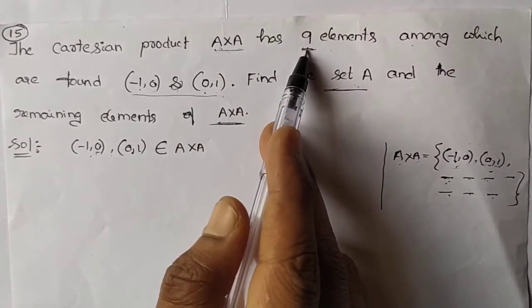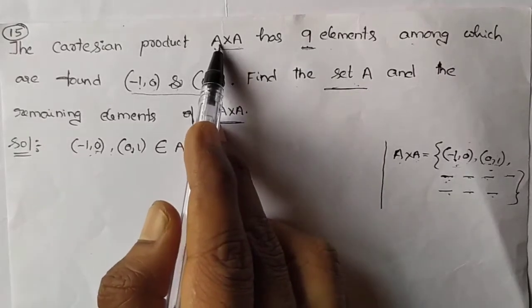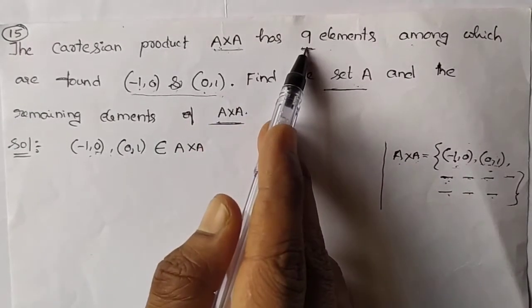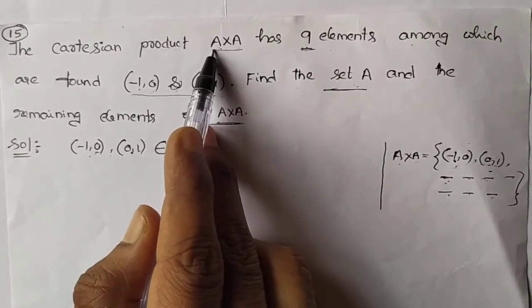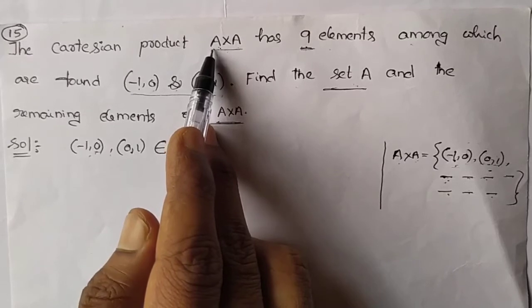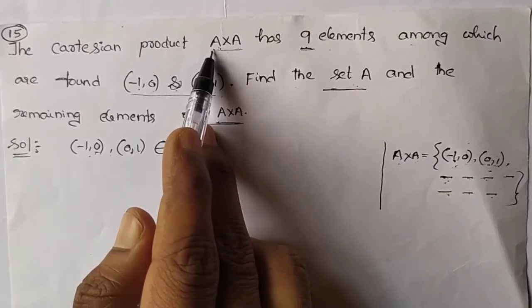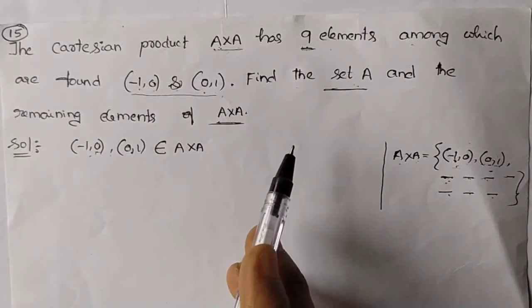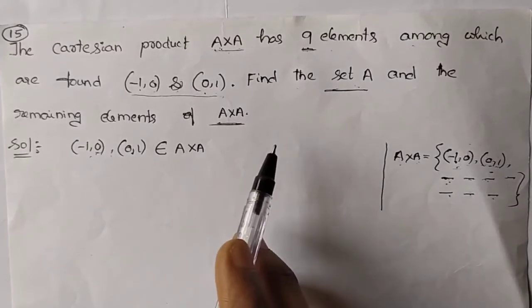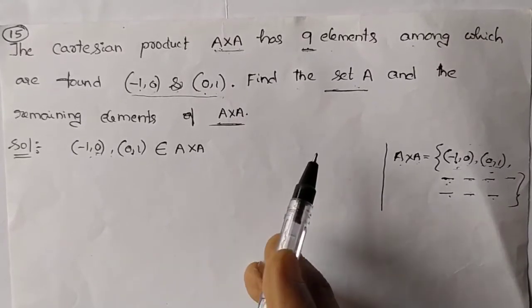Then what about the number of elements in the set A? A cross A has 9 elements. I already told you in our previous class that if the number of elements in set A is m and the number of elements in set B is n, then the number of elements in A cross A is m into n.